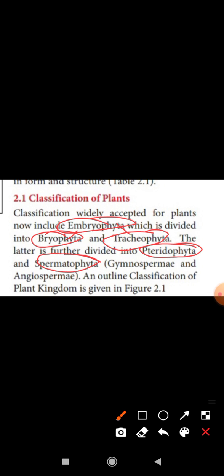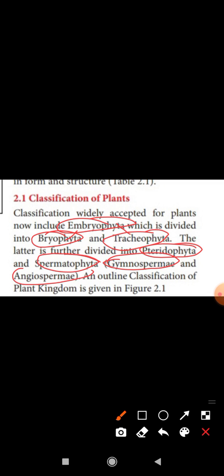What is pteridophyta? They have large, well-developed leaves with a tree-like appearance. Spermatophyta is nothing but plants producing seeds. They are further divided into gymnosperm and angiosperm.